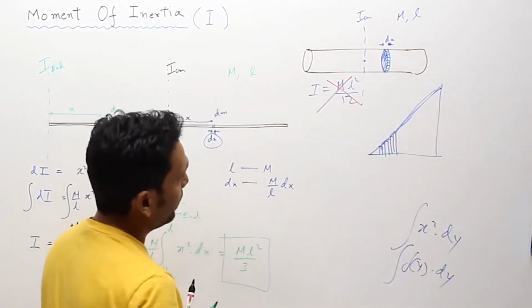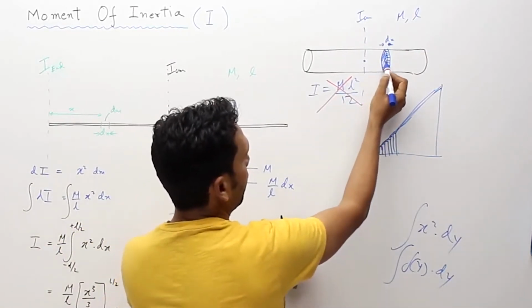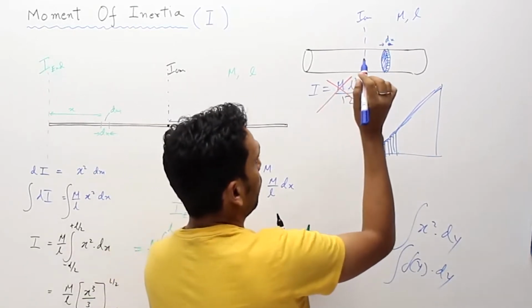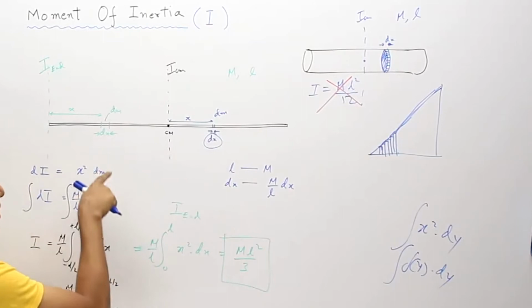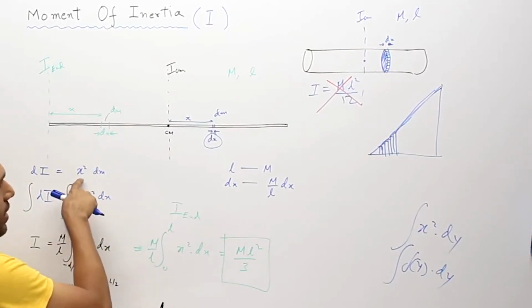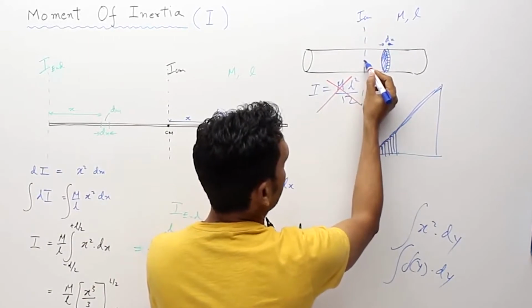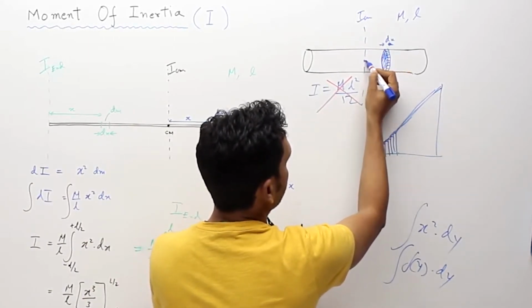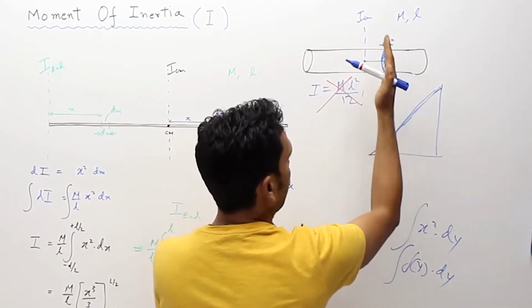Now, do you think that each and every part of that disk, which is not a point thing, is the same? If I take this integration as my basis, then what was the x? X was the distance of the axis of rotation from the mass. So the distance of the axis of rotation from the mass is not always the same.